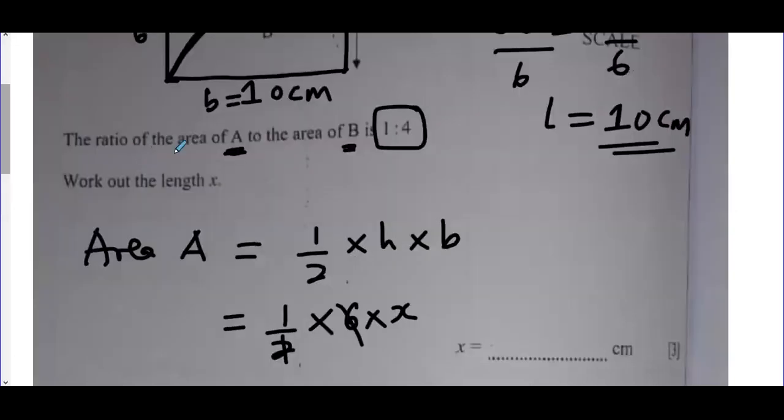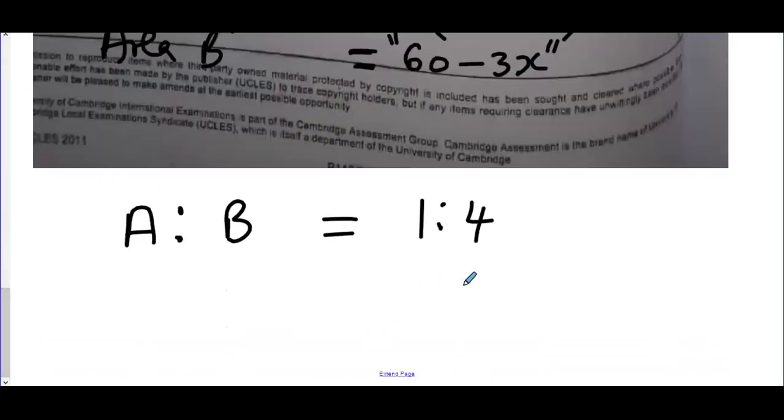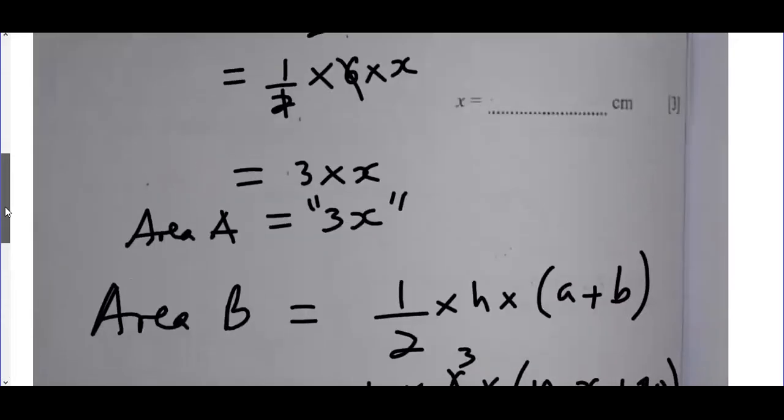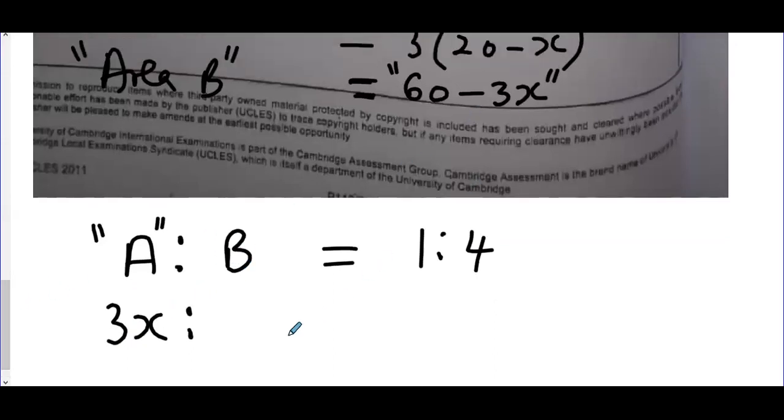Here it says that the ratio of the area A to the area B is 1:4. So we have A ratio B equals 1:4. Area A is 3x, and area B is 60 minus 3x. This will be equal to 1:4.